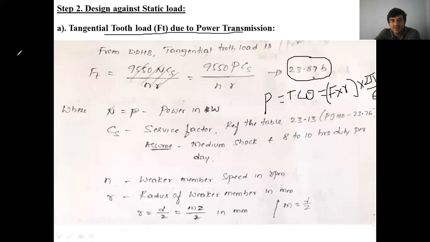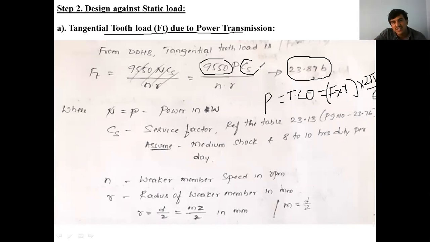Now from this, Ft, F is equal to what? We'll get 9550. The radius we consider in millimeters; converting into meters, we divide by 1000. That will become 9550. The constant will come, P into Cs.